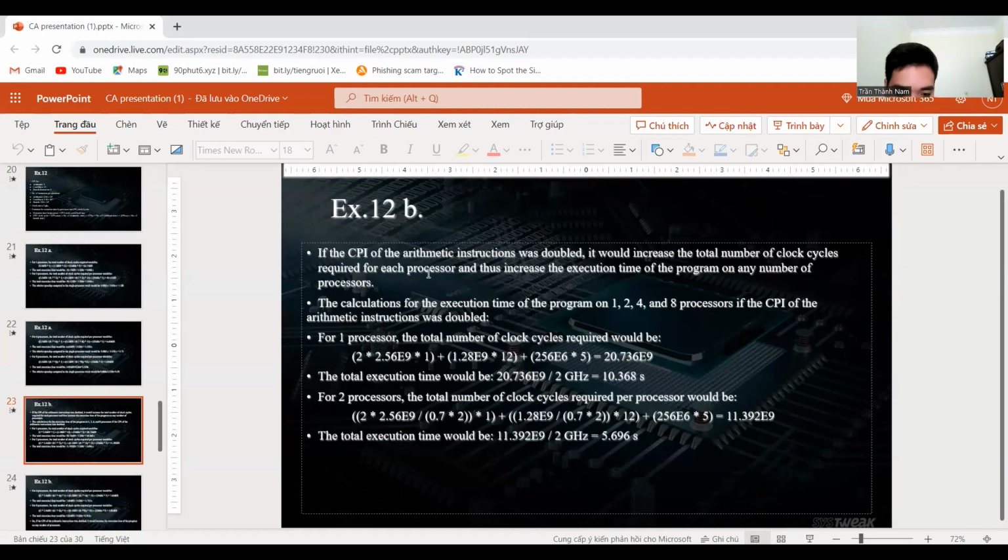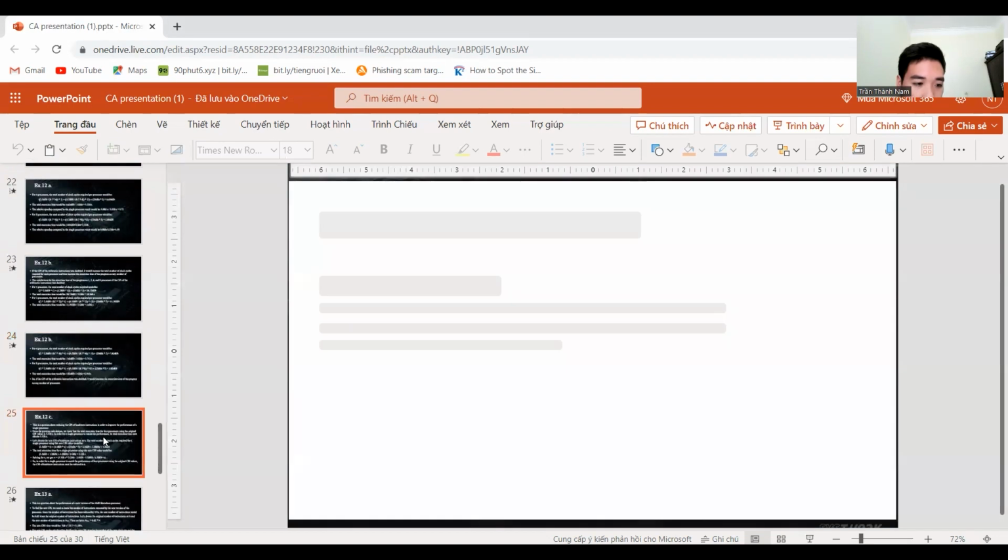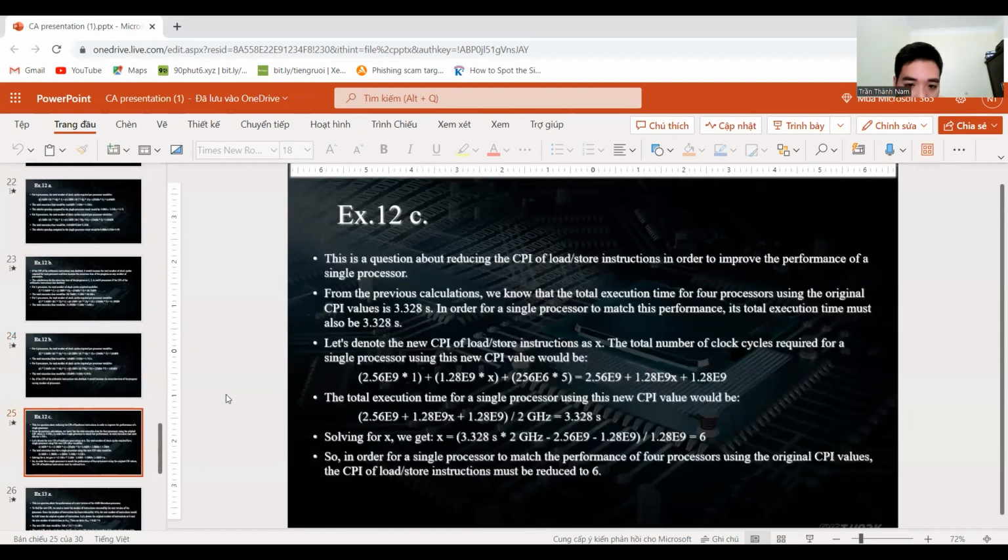The total execution time for two processors would be 5.696 seconds. For four processors, it would be 3.712 seconds. And for 8 processors, it would be 2.912 seconds. So we can see that it would increase the execution time of the program on any number of processors. Now on to the C part.